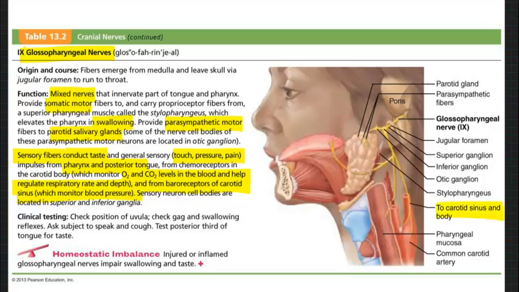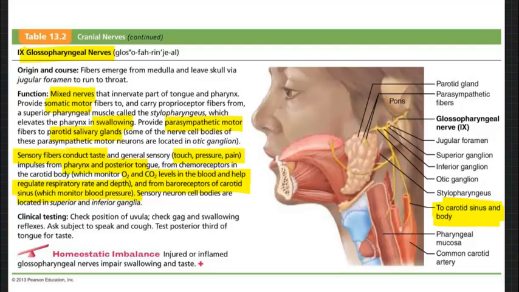You see carotid sinuses here that I highlight. So basically you have carotid arteries, okay? And the receptors in the carotid arteries constantly monitor the blood pressure and the gas content of your blood, the arterial gases.